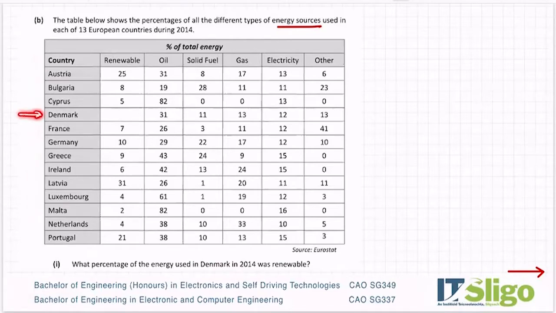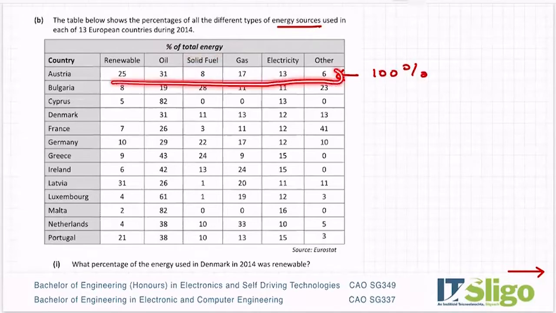Okay, renewable is blank. Percentages, I presume, have to add up to 100. Let me double check for Austria on the top: 25 plus 31 plus 8 plus 17 plus 13 plus 6. Not surprisingly, I get 100% across there for Austria.